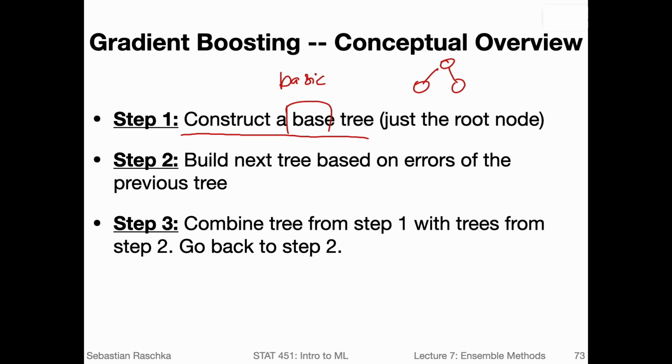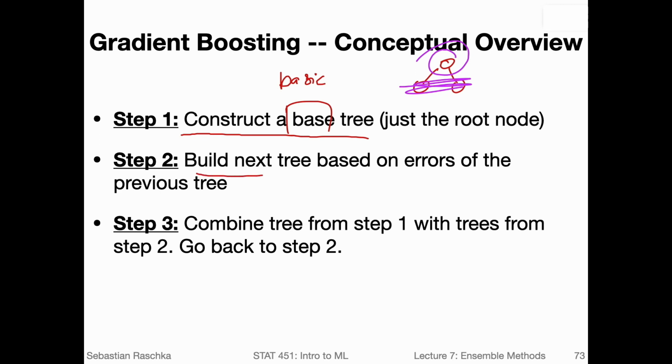However, the base tree is just the root, it doesn't split at all. So we are just using the root node to begin with. And then based on the predictions of the root node, for example in regression, it's just the average target label at that node.